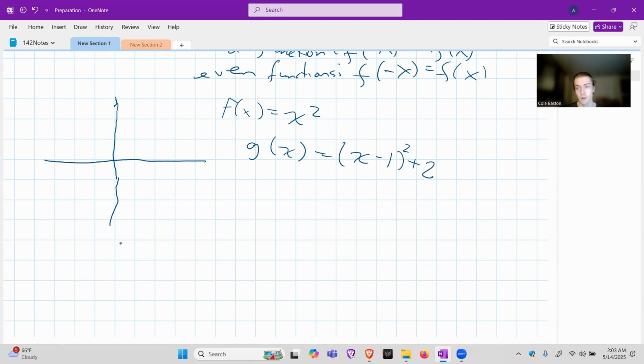Okay, so let's think about what's happening. If I shifted this 1 unit to the right, that's going to give me this part, right? This is f shifted 1 to the right.